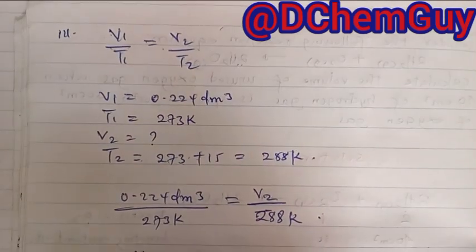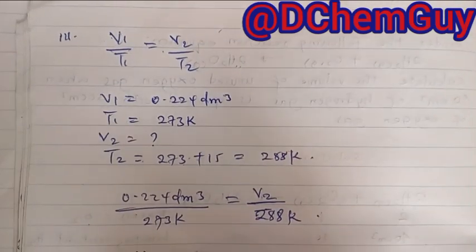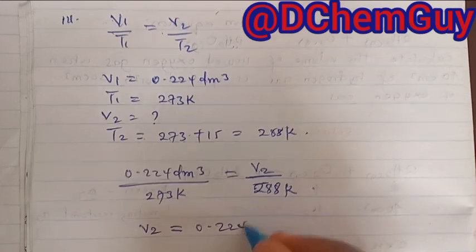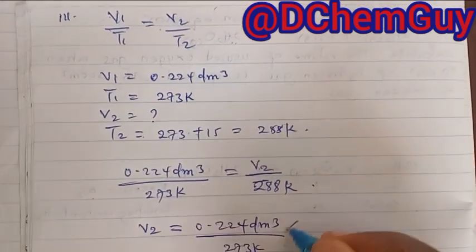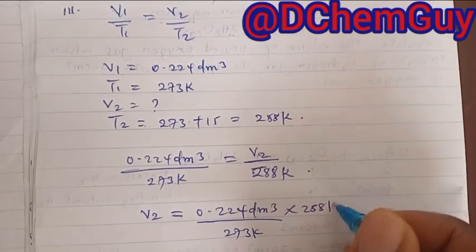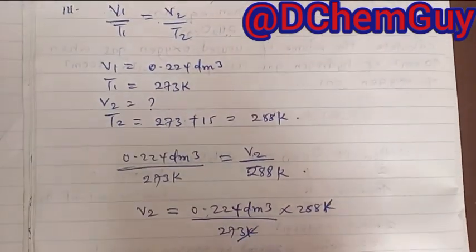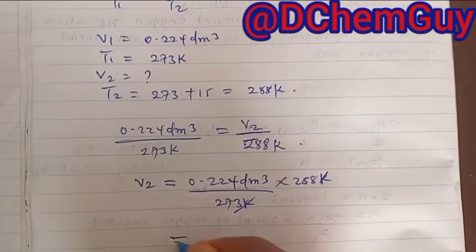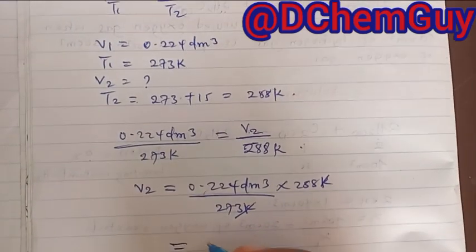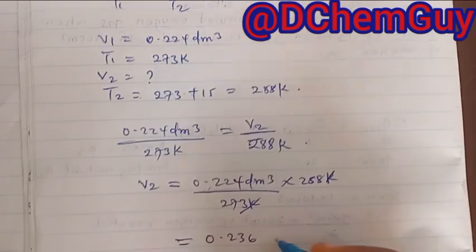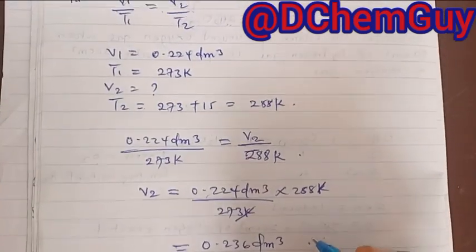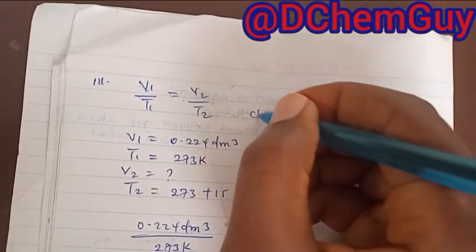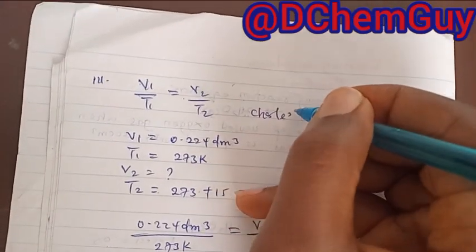So that makes V2 equal to 0.224 dm cube over 273 Kelvin times 288 Kelvin. Kelvin takes care of Kelvin. By the time you put this in your calculator, the answer is going to be 0.236 dm cube. That's how to solve this problem. Mind you, we applied Charles' law here.